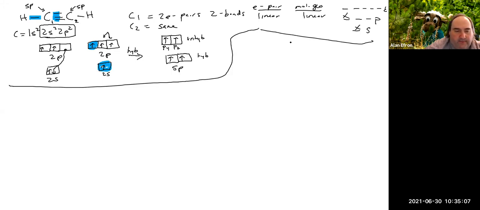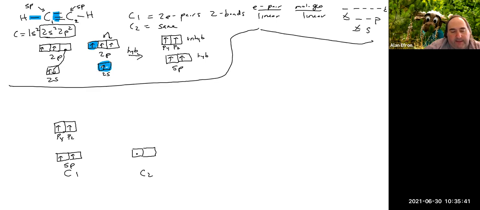All right, so on one side we have carbon number 1 that has sp hybridized, which again means it's got 2 sp orbitals, each with an electron. Also has our nicely unhybridized p orbitals, or py or pz orbital that also has an electron in each of them. We have basically a matching set on the other side for carbon number 2. Also sp, also got an electron happening there.